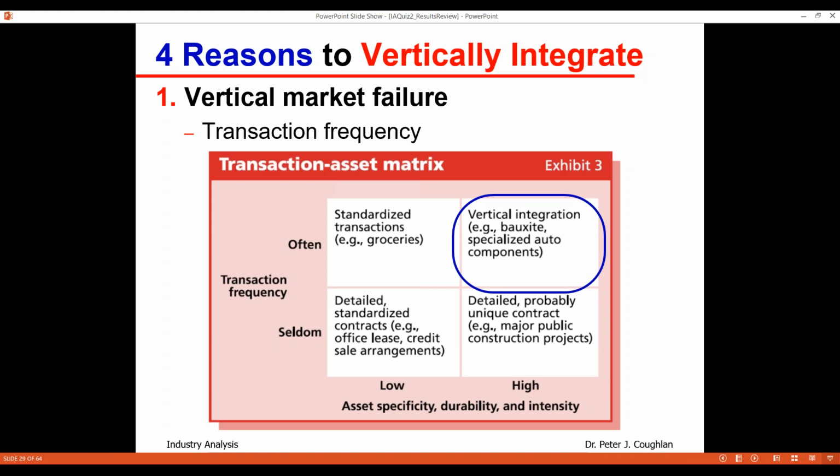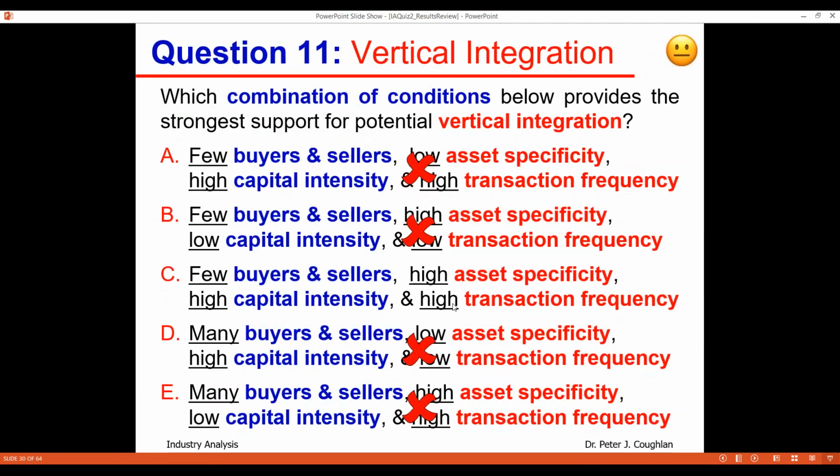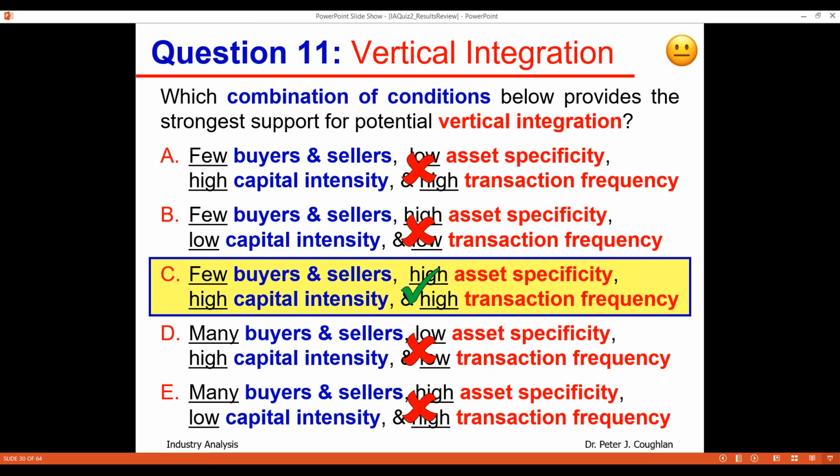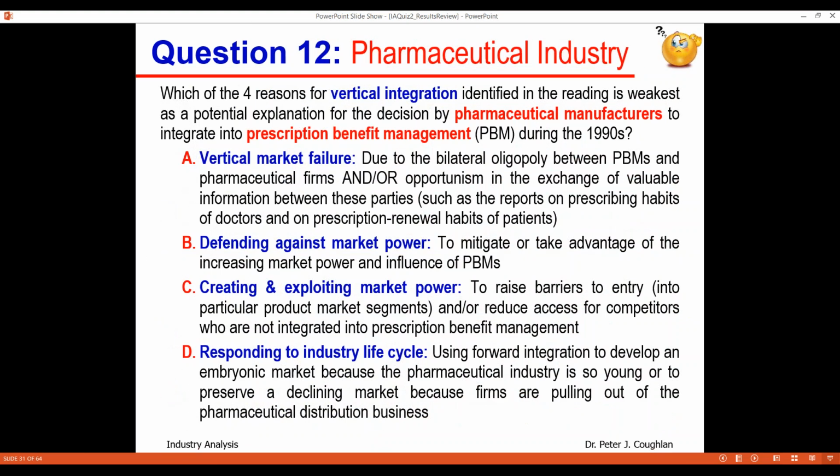But if it's an ongoing trading relationship, with high transaction frequency and high asset specificity, durability, and intensity, then you're more likely to want to vertically integrate. So all 4 of those characteristics for answer C provide strong support for potential vertical integration. So the answer here was C. All right. Question 12.